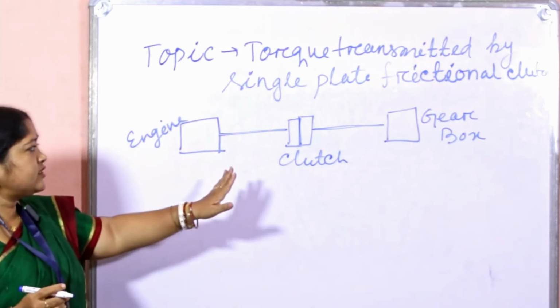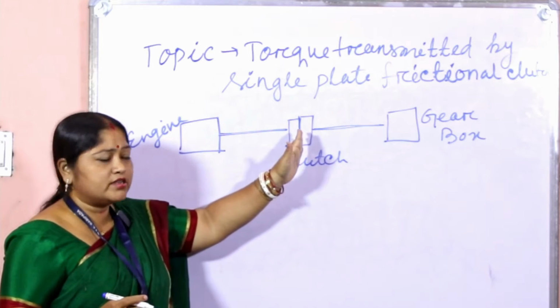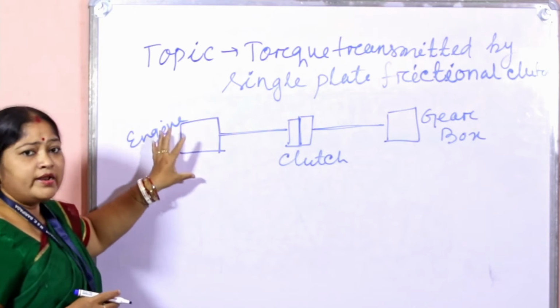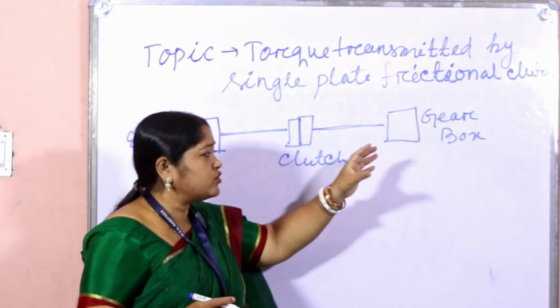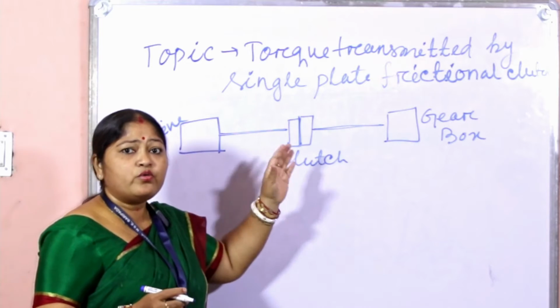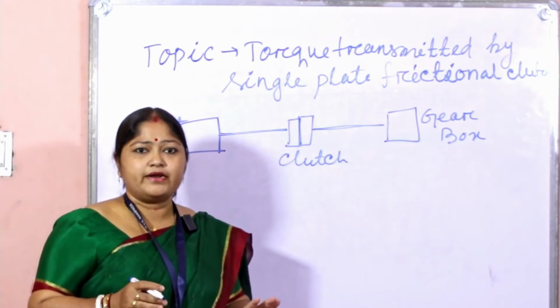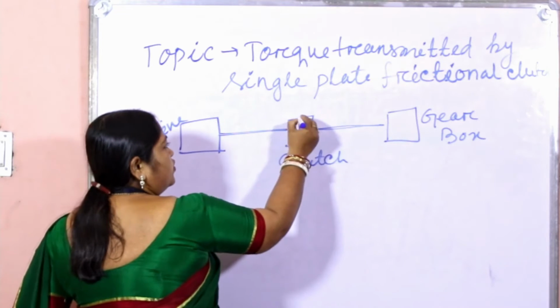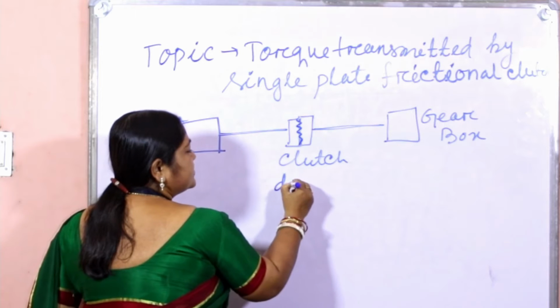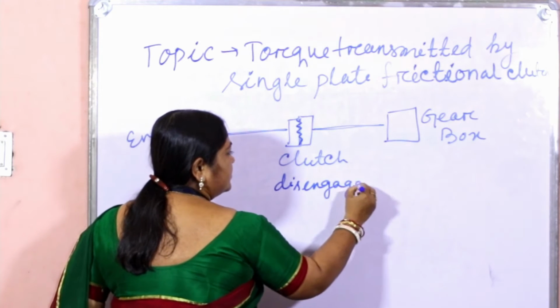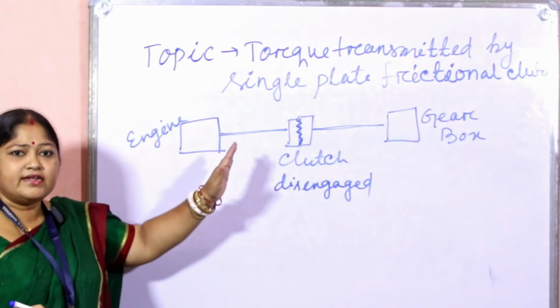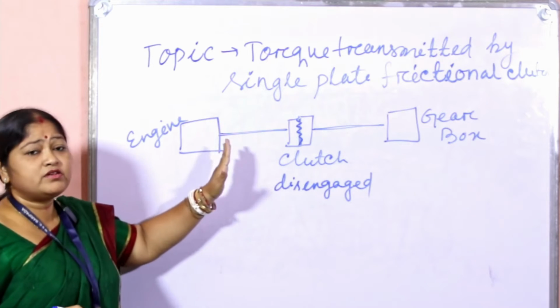When the clutch plates are in contact with each other, the power is transmitted from the engine to the gearbox through the clutch. When we press the clutch pedal, these two plates are disengaged, so power transmission stops.